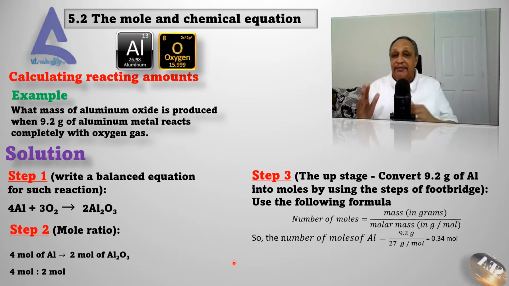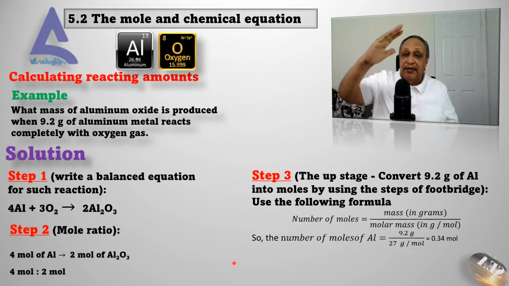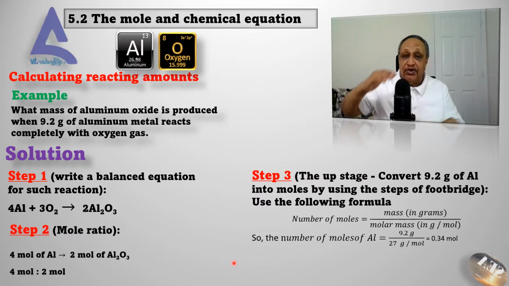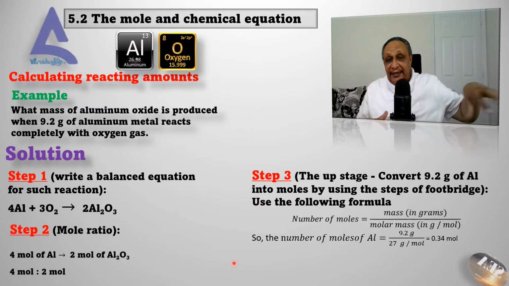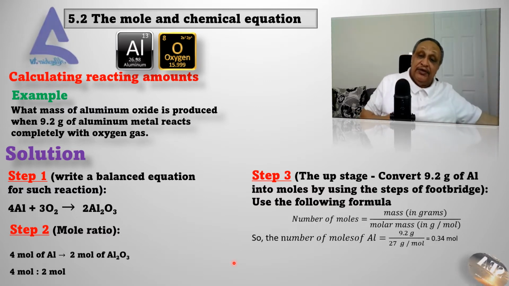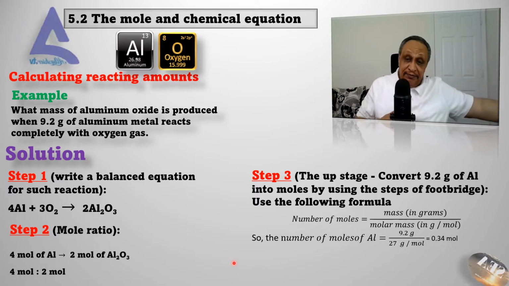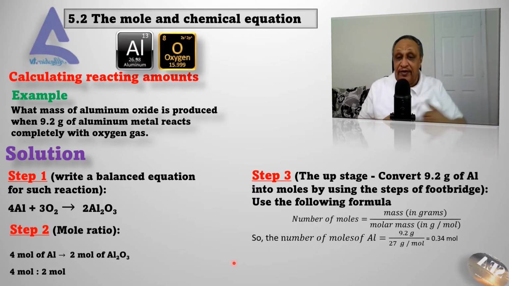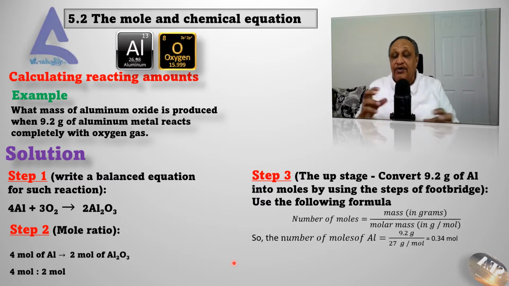So it's going to be the up stage. The plateau stage has another name, which is the cross stage, and then the down stage is when you come out from the bridge. Now in this bridge, the first thing I need is to know the number of moles of each one.